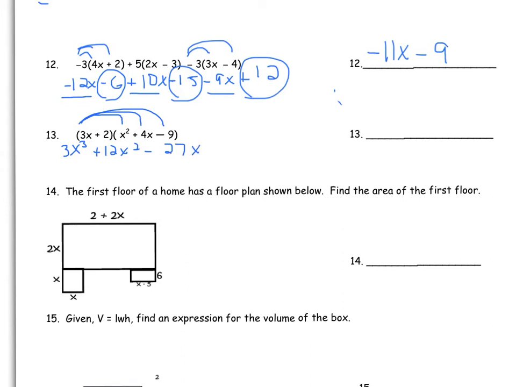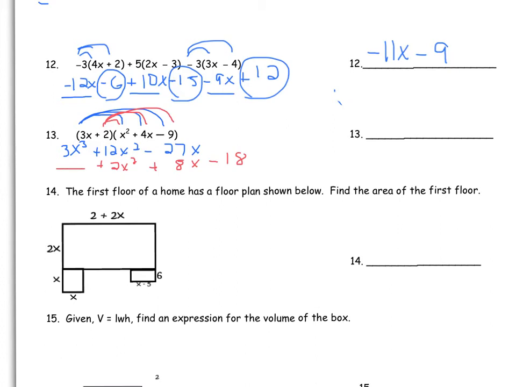Then I'm going to do 2 to all of them. So 2 times x squared is 2x squared, and it's positive. 2 times 4x is a positive 8x. And 2 times negative 9 is a minus 18.